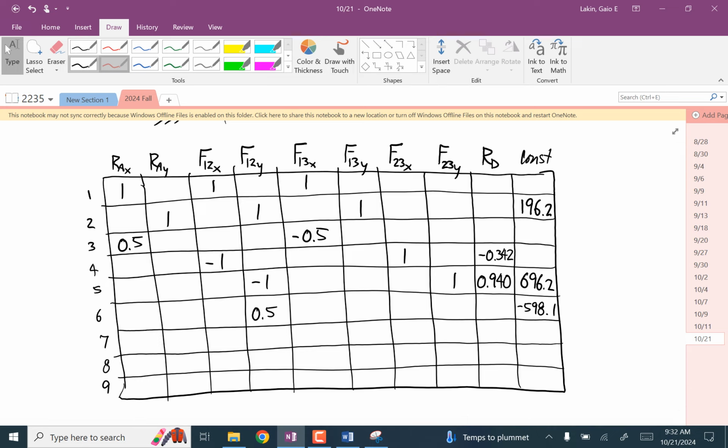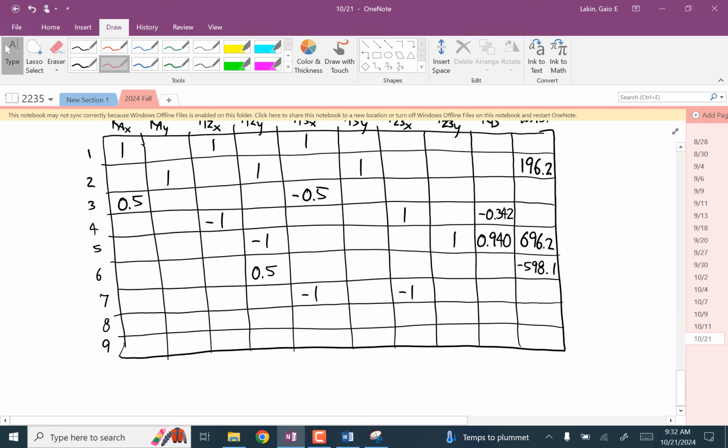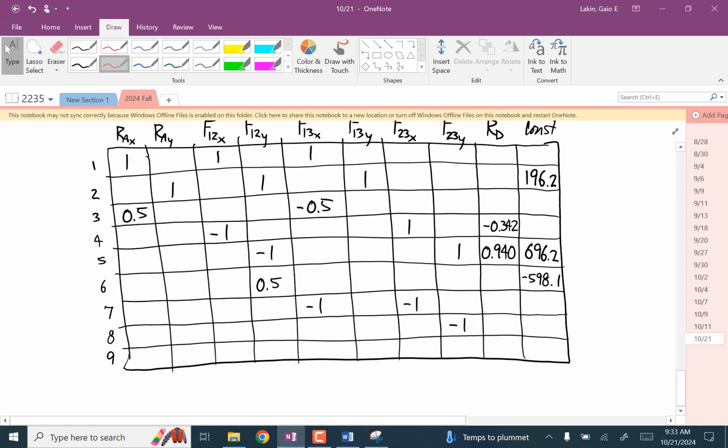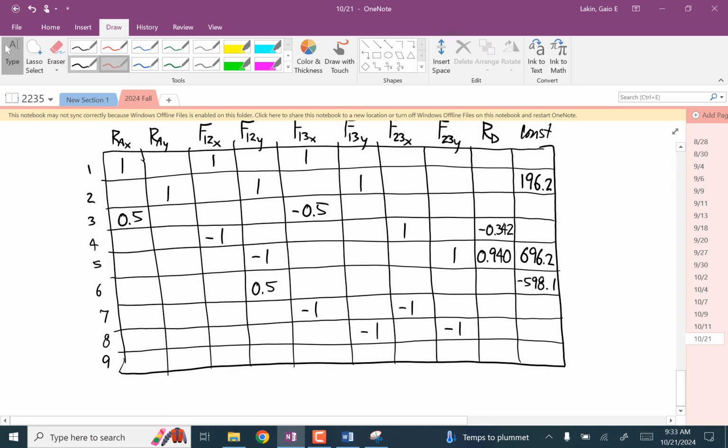And then the last three, equation 7, F23x, we have negative 1. F13x, we have negative 1. Then equation 8, F23y, we have negative 1. F13y, we have negative 1.